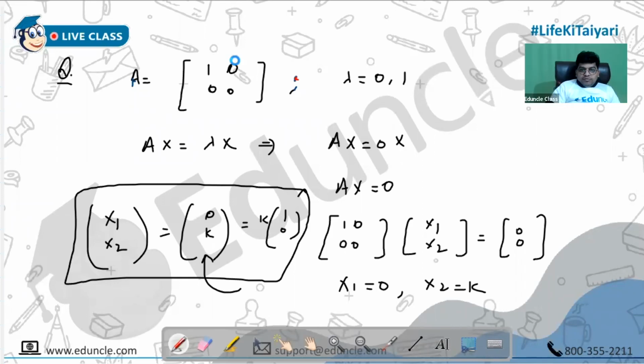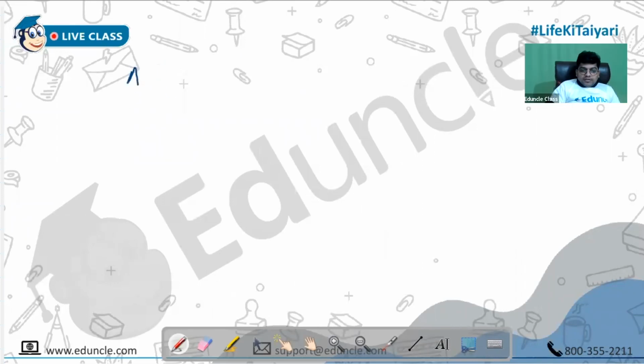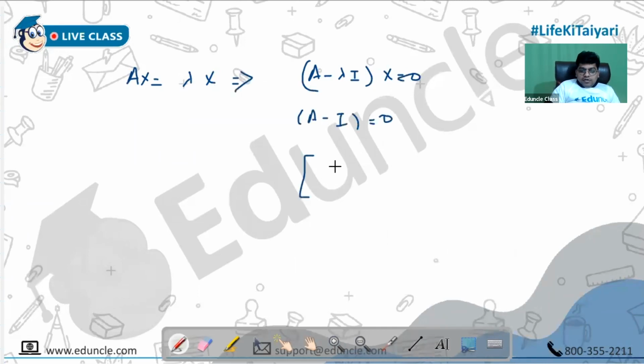Now you can do it in the same manner: Ax equal to lambda x for lambda equal to 1 also, like (A minus lambda I) x equal to 0. So what you can do is A minus I, because lambda equal to 1 is also there.